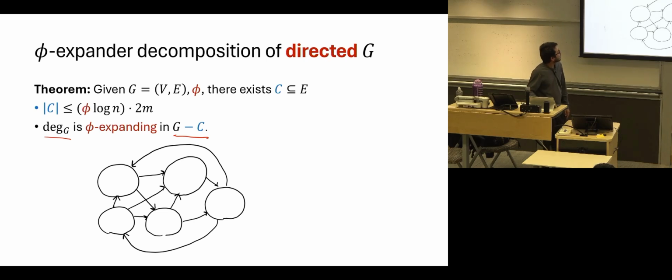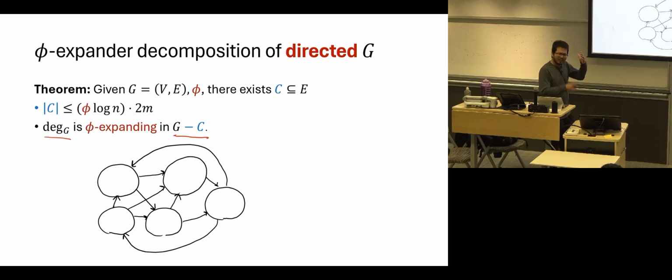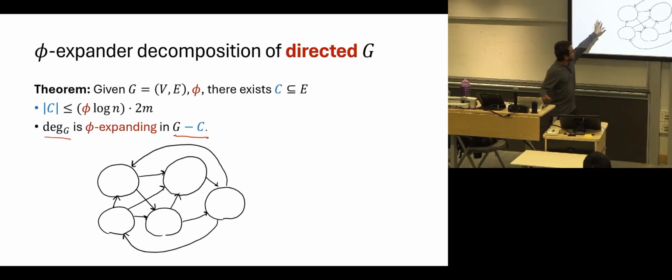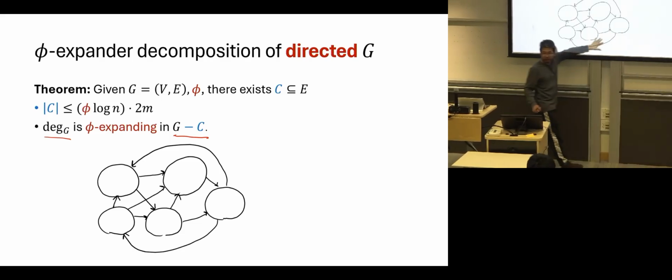It looks like this. You delete a bit, and then you get a DAG of expanders. For example, imagine that you delete this thing. In the beginning, the whole graph is strongly connected.